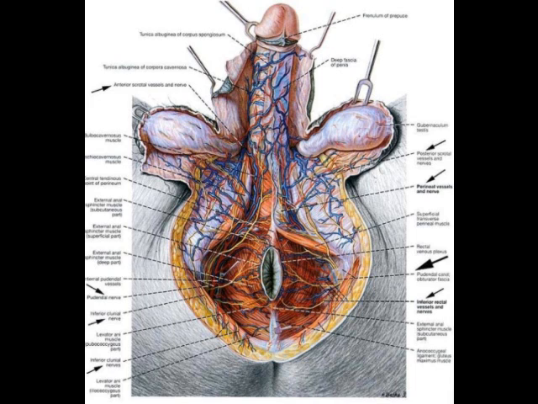And then you see the ischiocavernosus muscle on the top left there, and for the male, the ischiocavernosus muscle basically supplies blood flow during erection.